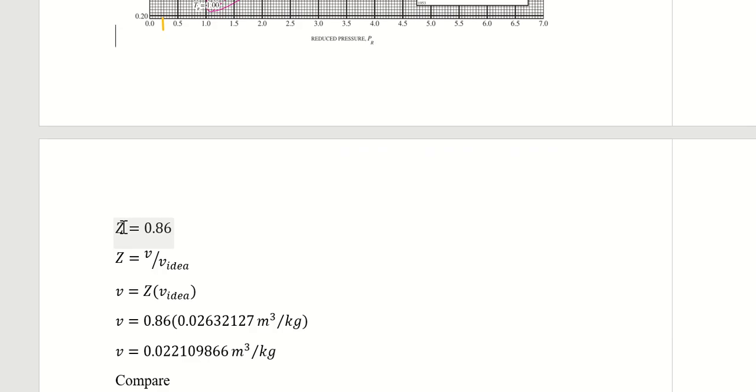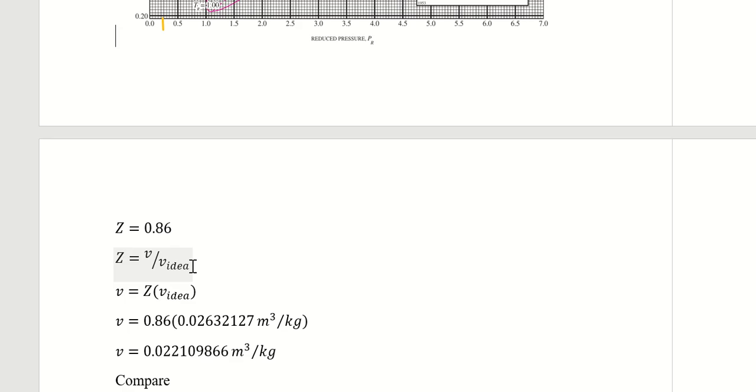And remember, the whole question was to determine the specific volume. So after getting your compressibility factor Z, you relate it with this formula, which is specific volume over ideal specific volume.